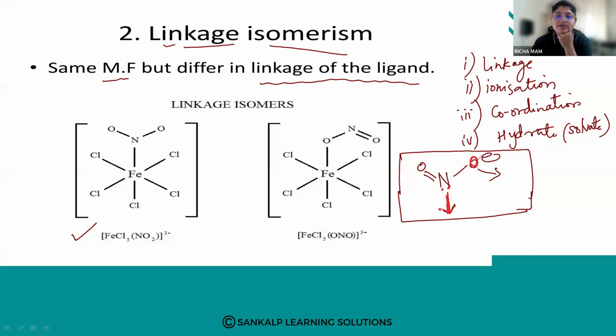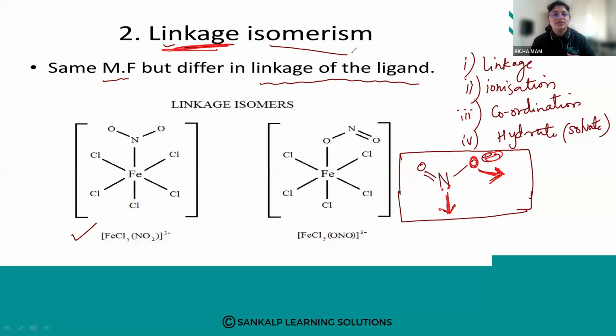Another is the oxygen atom. At one time only one donor atom will get attached to the central metal atom. So linkage means how it will link. The linkage isomerism differs only in the linking of the ligand.